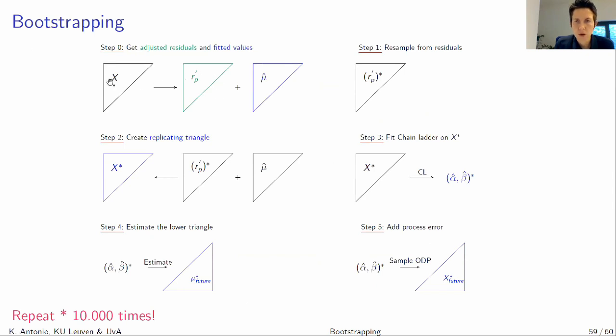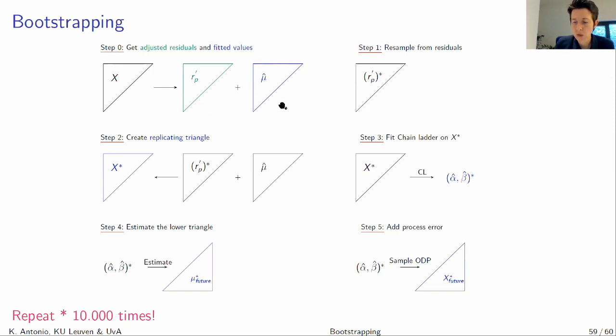We fit our over dispersed Poisson chain ladder method to this, and we find Pearson residuals for the upper triangle. We adjust these Pearson residuals by doing this little trick from the previous sheet, and we obtain these bias adjusted Pearson residuals for the upper triangle. We also have the fitted values for the upper triangle.